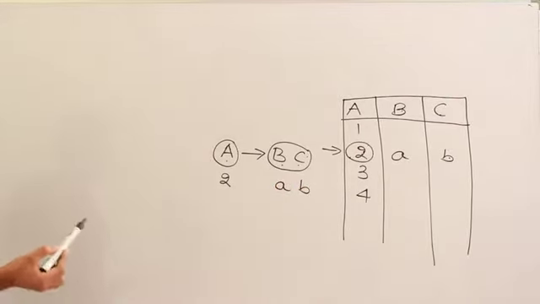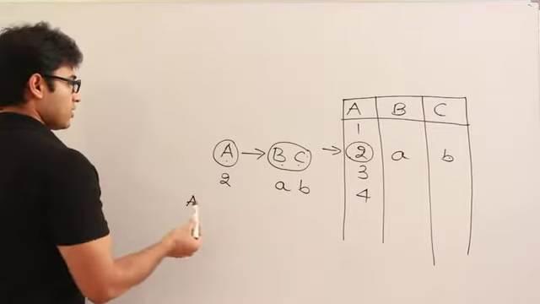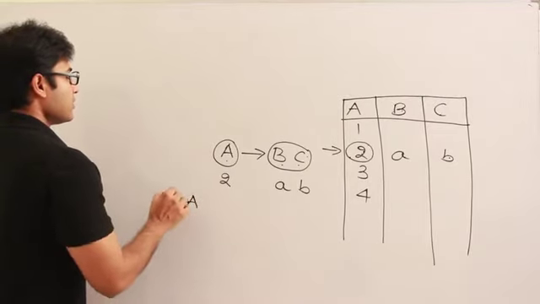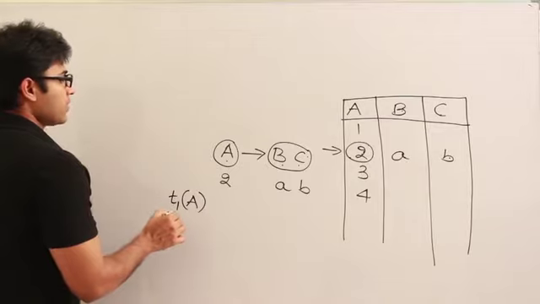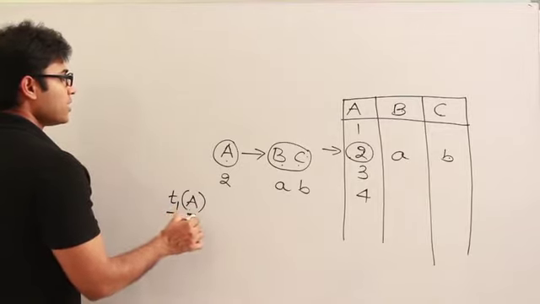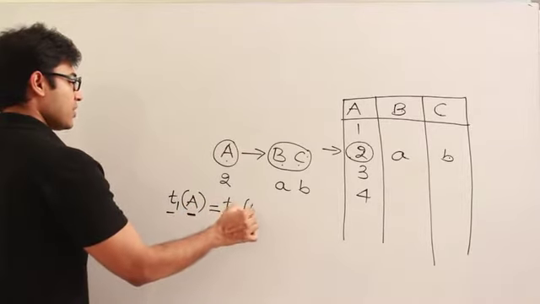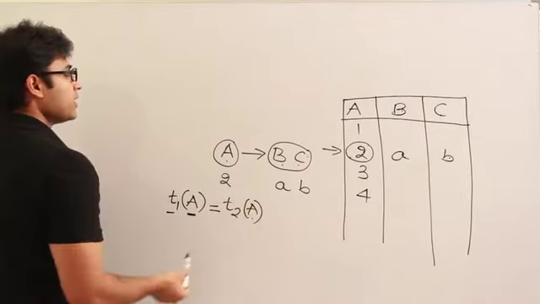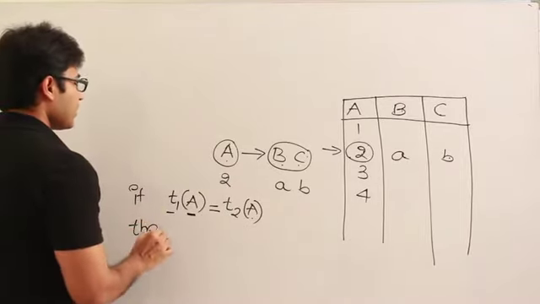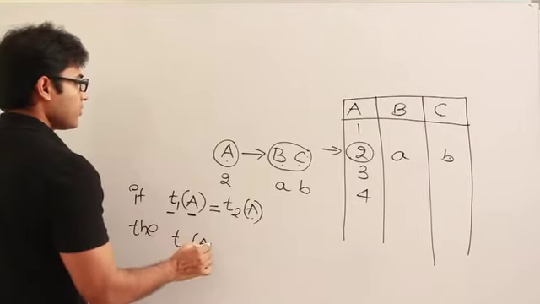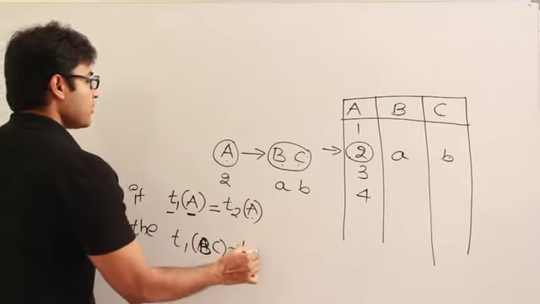So one way to define it is, if T1 of A, which means a tuple T1 is having some value in the attribute A, and if it happens to be the same value for some other tuple in A, then for the tuples T1 and T2, the B and C values should be the same.